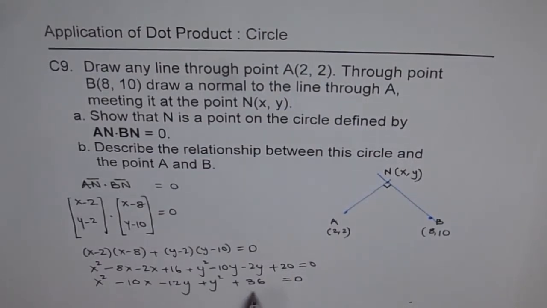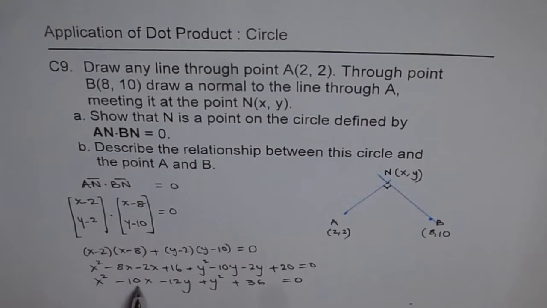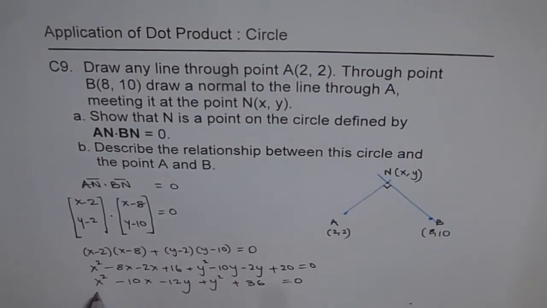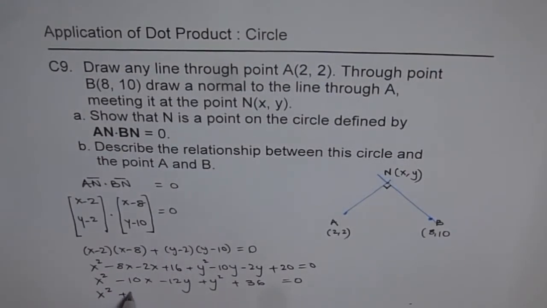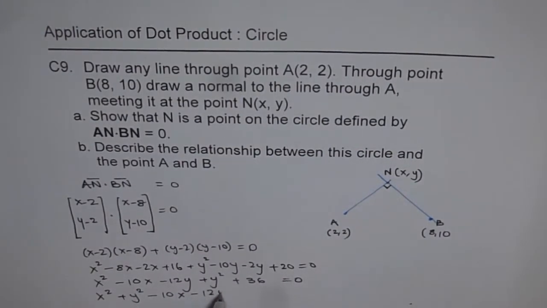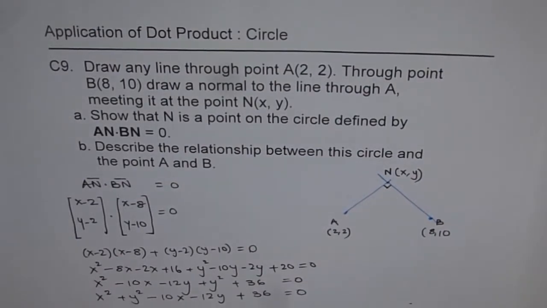Now, does this give you some idea? This is the equation of a circle, right? Whose center we can figure out as minus half of the coefficients. We can rearrange and write this as x squared plus y squared minus 10x minus 12y plus 36 equals 0.